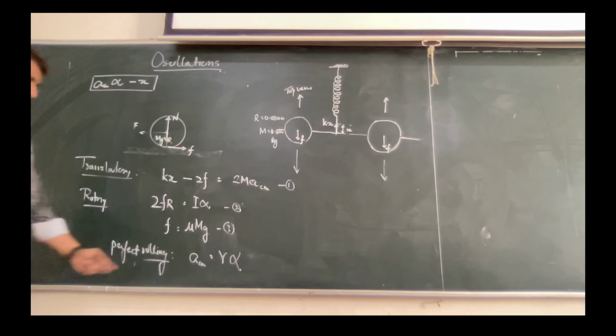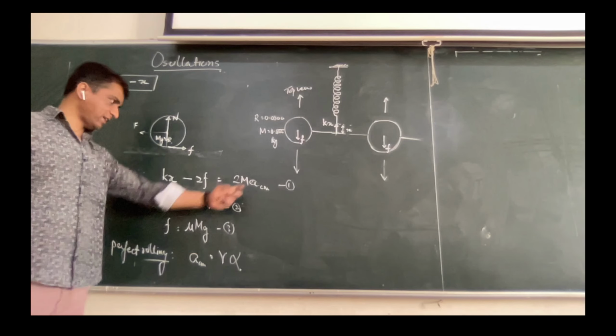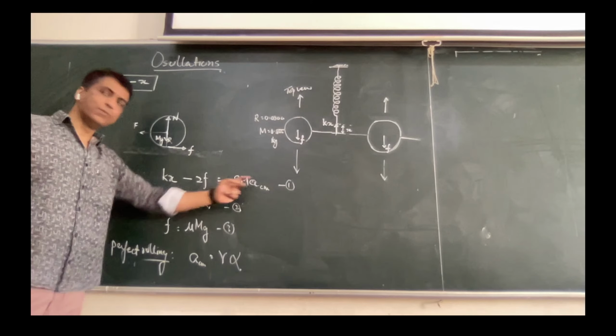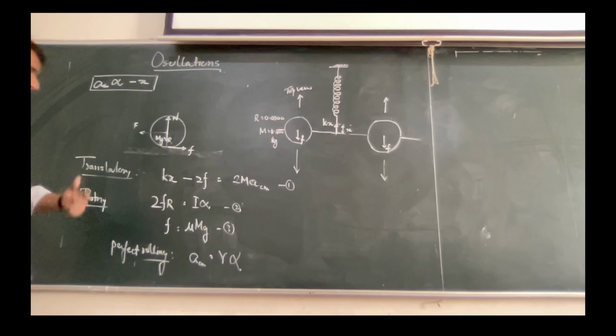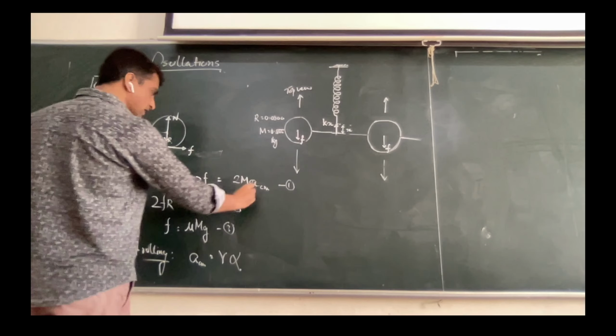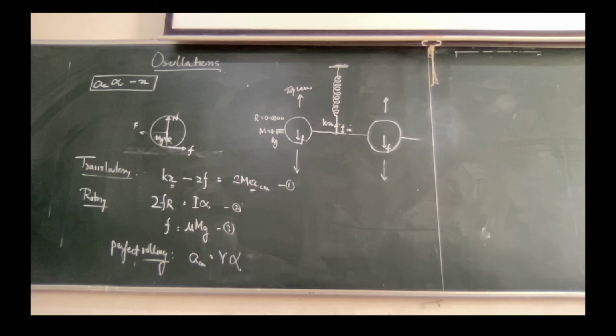Correct? So this is the equation that will relate this and this. So you can eliminate one of them and solve everything in terms of X and ACM and see if you can prove this.